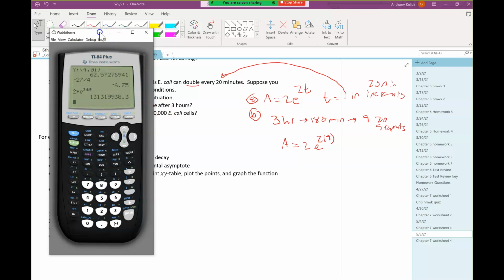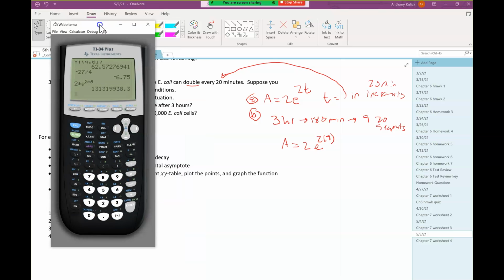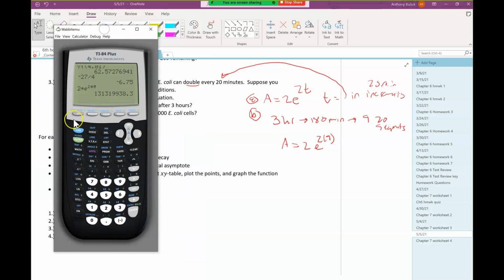And then it asks how long before there's 100 or 1 million of these things. So we're going to do that by graphing, just like we've done before. So I'll do 1 million, and then I'll do that function.